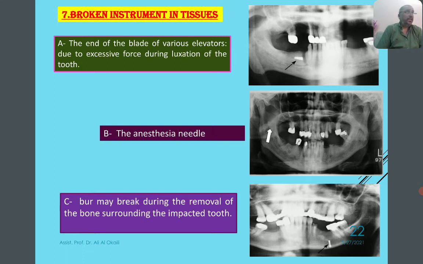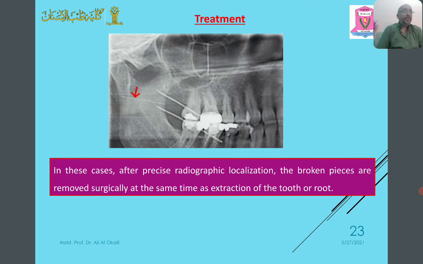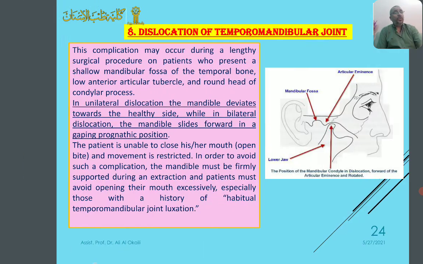Anesthetic needle ممكن تنكسر. كسر بنهاية البليد of elevator. البير نوبات إذا هواية مستعمل ممكن نتيجة الحفر ينكسر, may break during the removal of bone surrounding the impacted tooth. Treatment: أول شيء تأخذ X-ray. In this case, after precise radiographical localization, the broken pieces are removed surgically at the same time of extraction of the tooth or root.